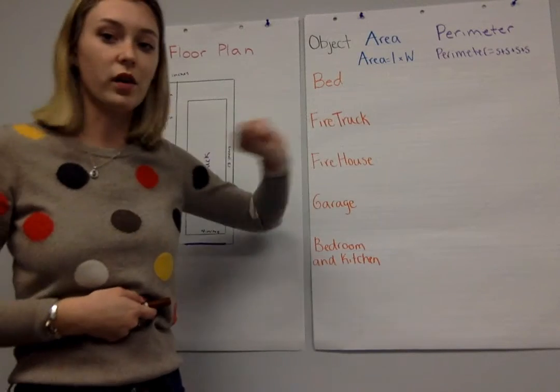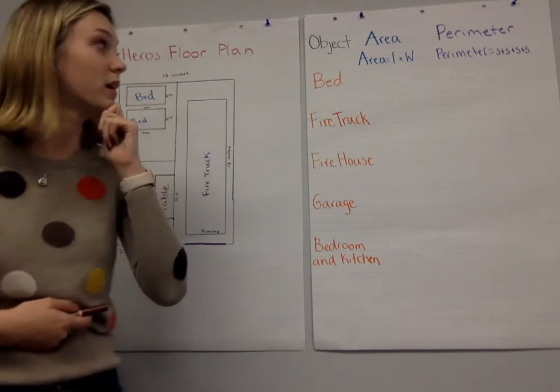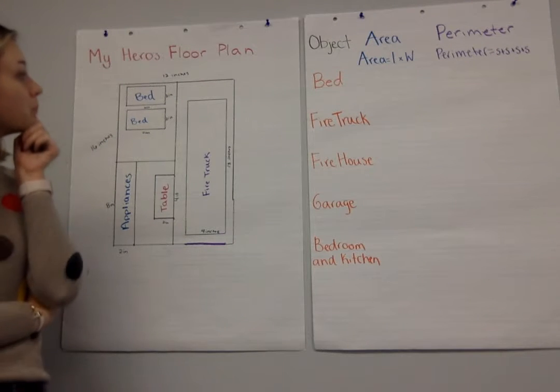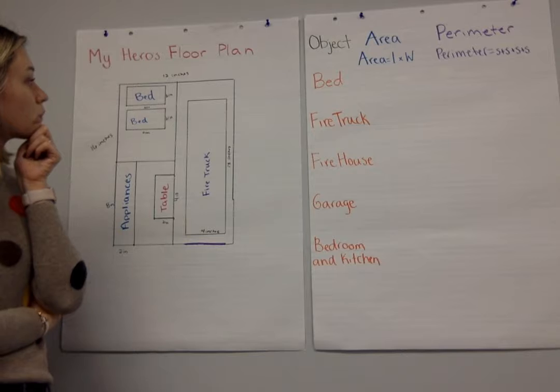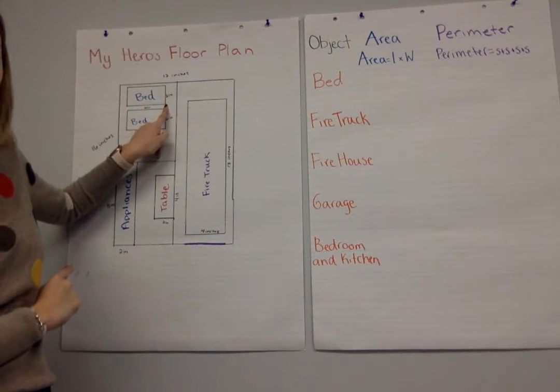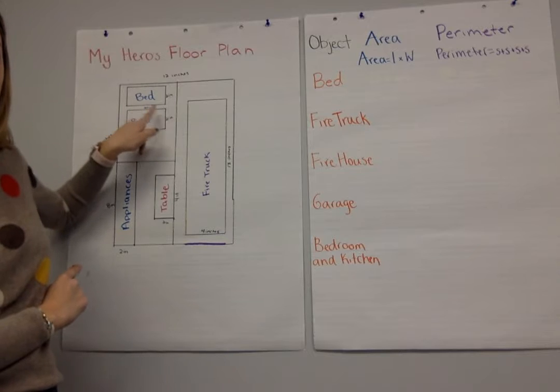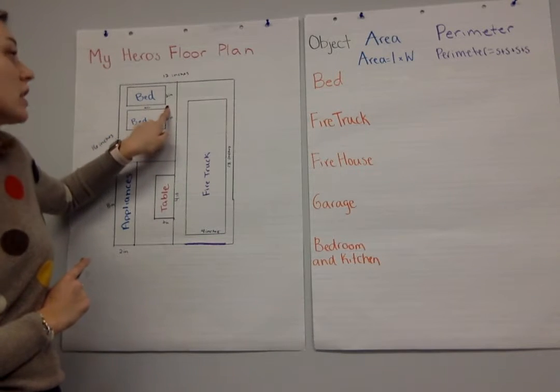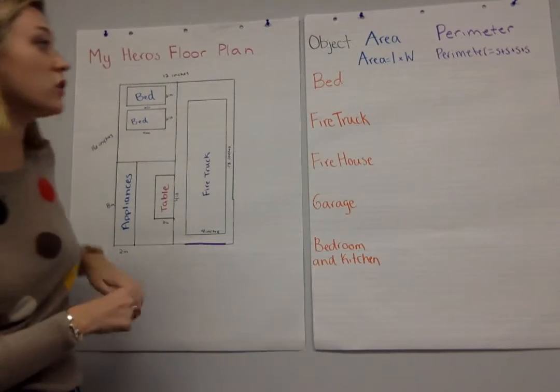If I want to find the area, what do I have to do? It says multiply the length and the width. If I have 4 inches this way and 2 inches this way, what is my length and my width? My length is 4 inches and my width is 2 inches.